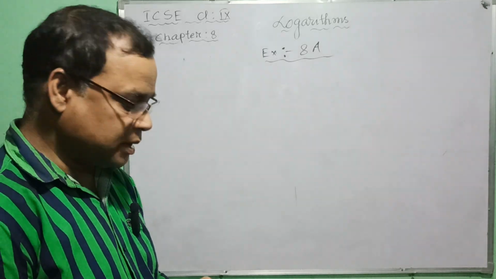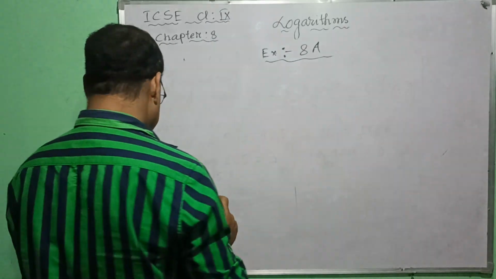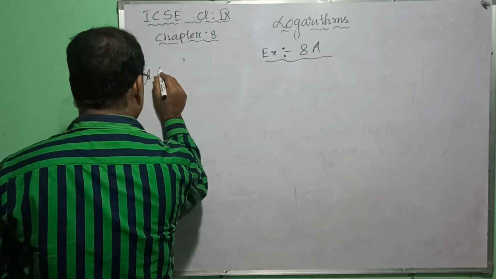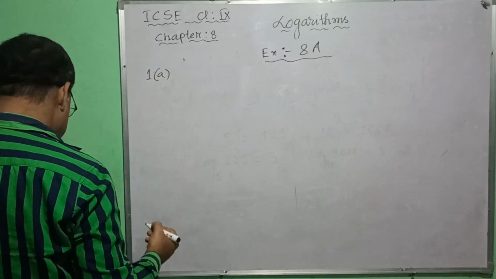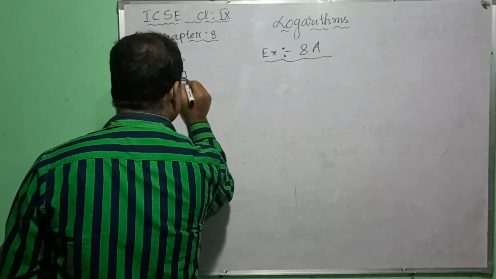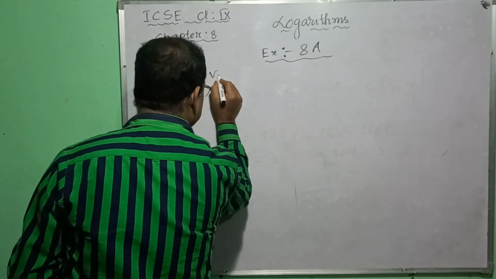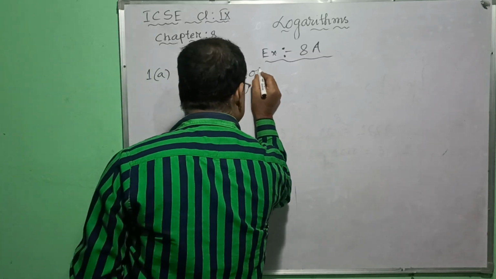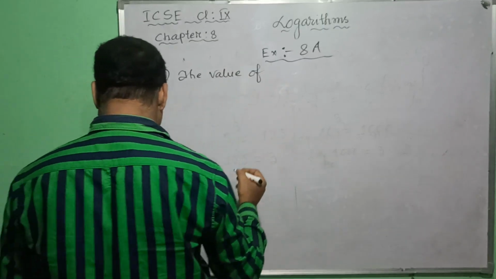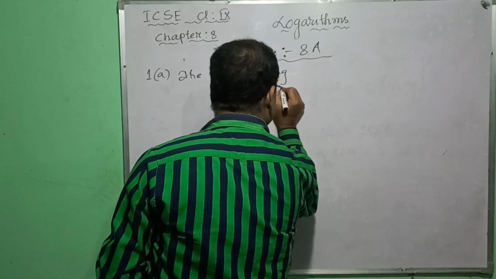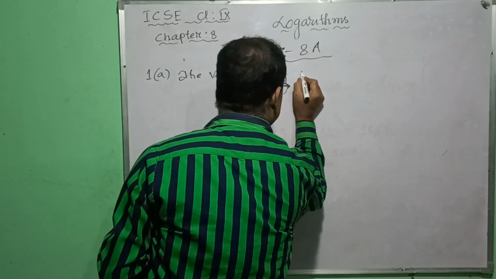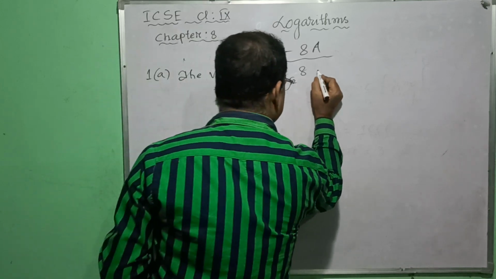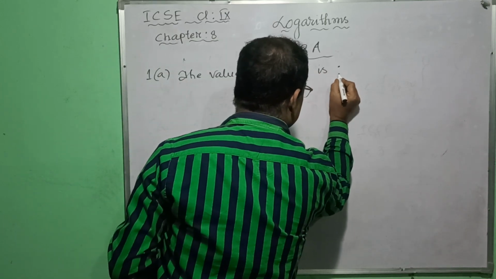6 MCQs are given. In the first MCQ, number 1, A, let me write it. It is given the value of log 8 at base root 2 is what?